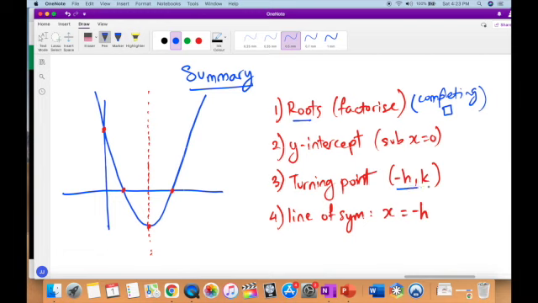To find the turning point, you had to complete the square anyway. So you could just complete the square, and that will give you your turning point, and it will allow you to find the roots instead of factorizing. Because remember, when you complete the square, you can solve for x. Let me know when you finish this.